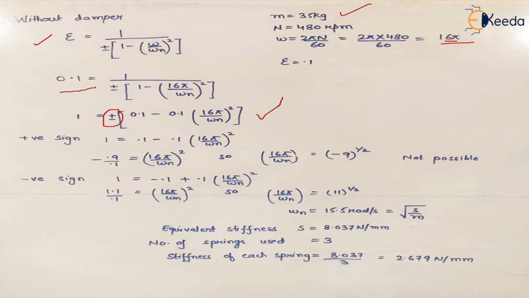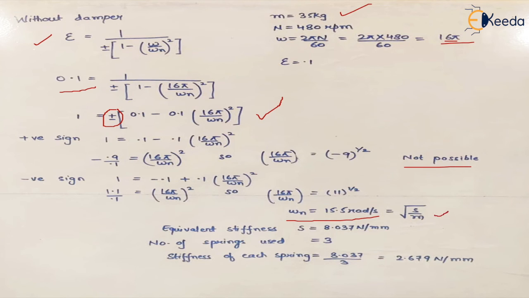Firstly, we'll try with the positive sign, and when we try with the positive sign, we get an impossible solution. So we tried with the negative sign, and there we get the value of omega n, which is 15.5 radian per second.